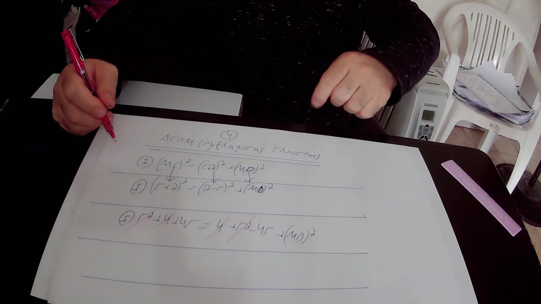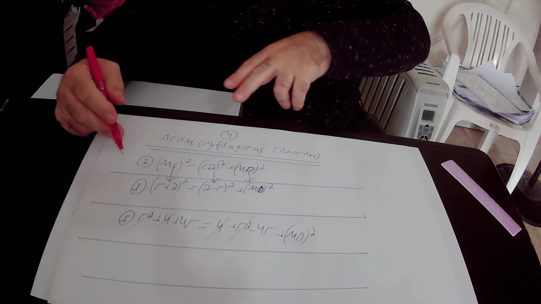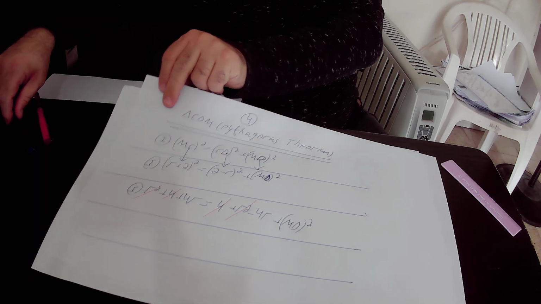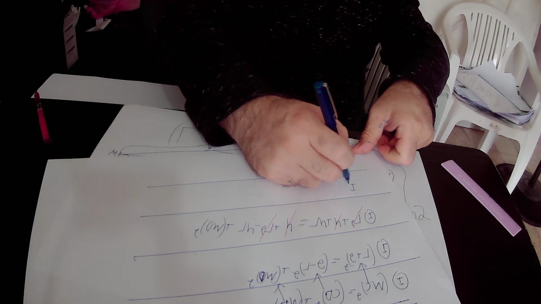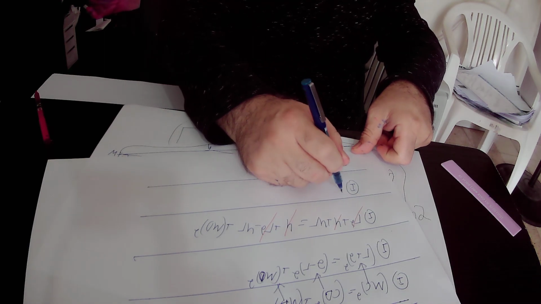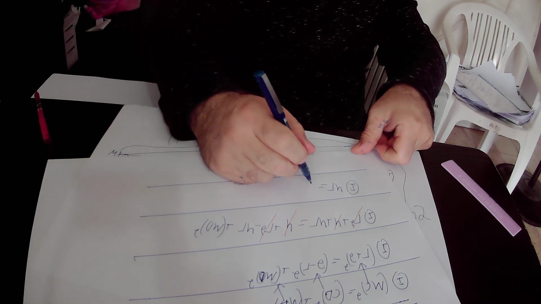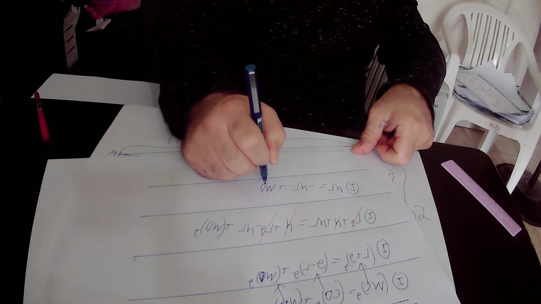And what is left after we cancel those two expressions is 4R equals minus 4R plus MD squared.